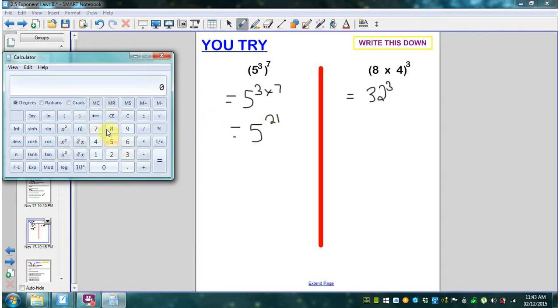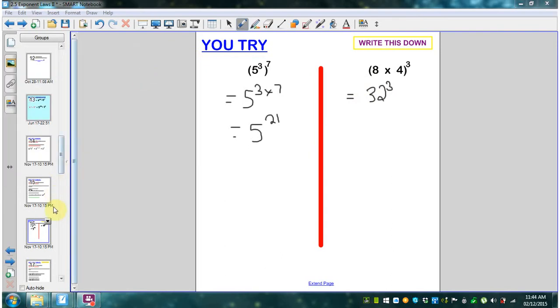So this one here will be 5 to the power of 21, which is this number. You would have to write that out. And 32 to the power of 3 would be this number right here. So that's if you were asked to evaluate the expression.